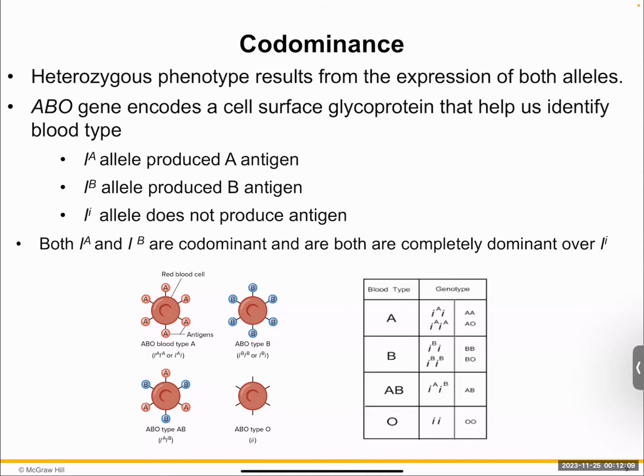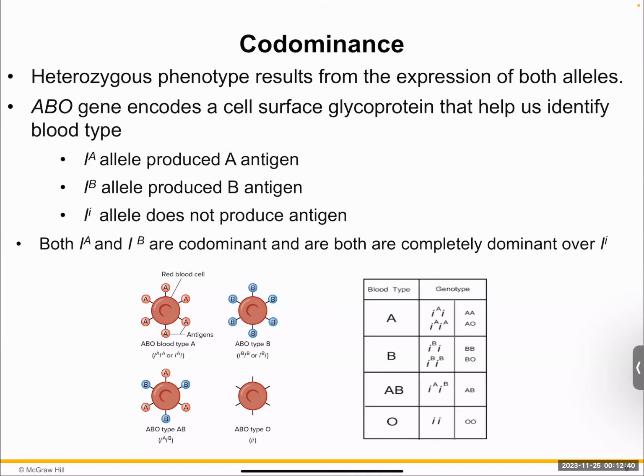Another example of a condition related to genotype and phenotype is the concept of codominance. I think about codominance as two things happening at the same time. When you have a heterozygous phenotype, both of the alleles are expressed, versus one being dominant over the other.